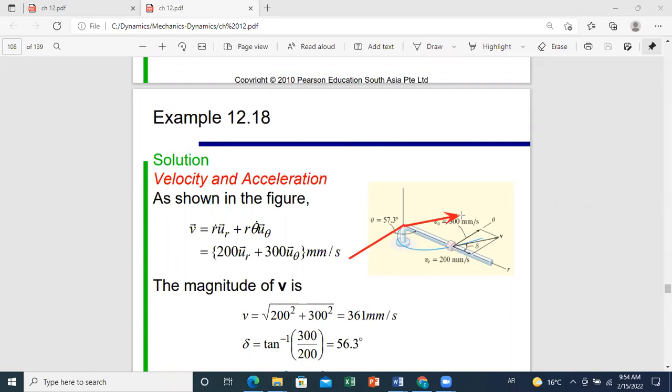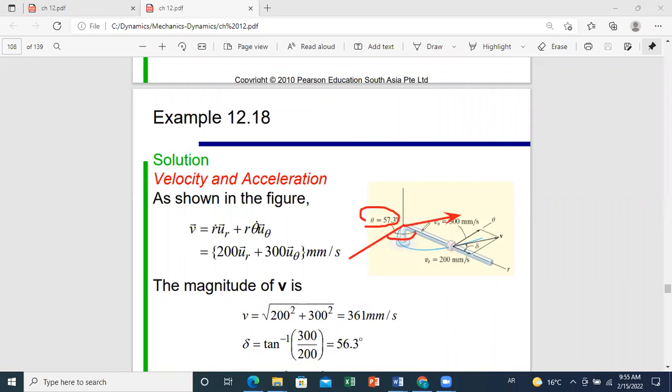This is a vector perpendicular to V. You already found the angle theta here, using the rule: 180 over pi, which will be equal to 57.3 degrees.